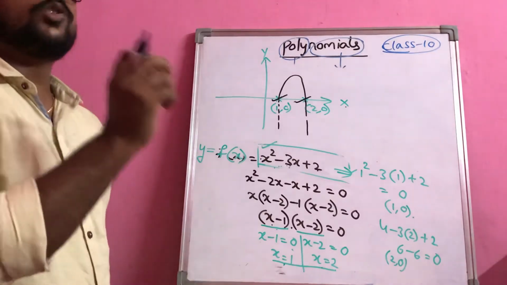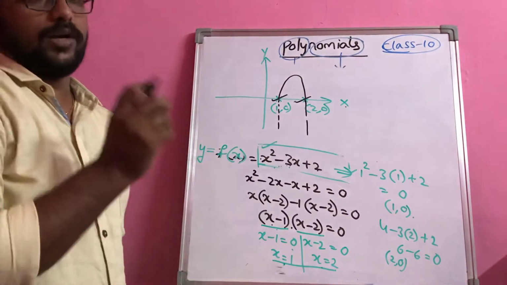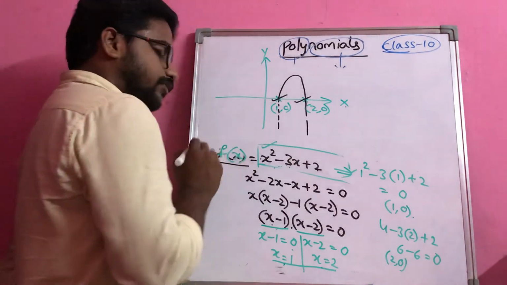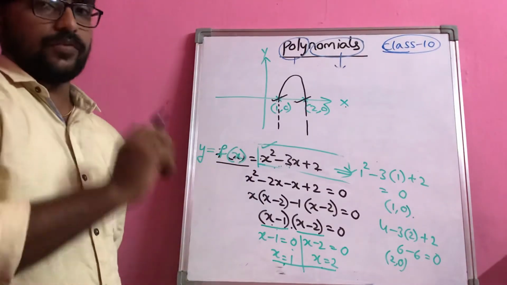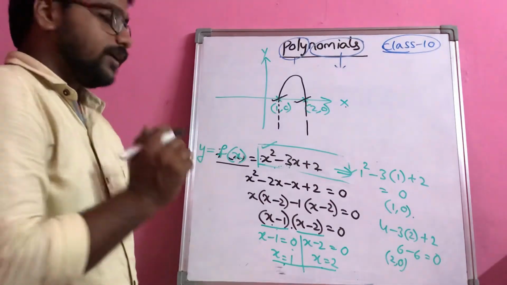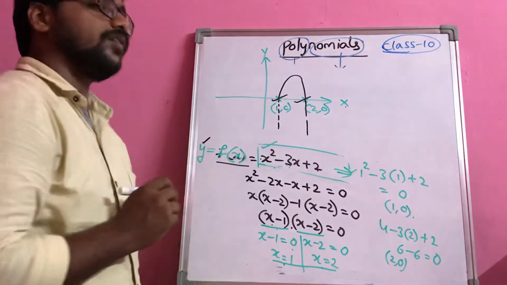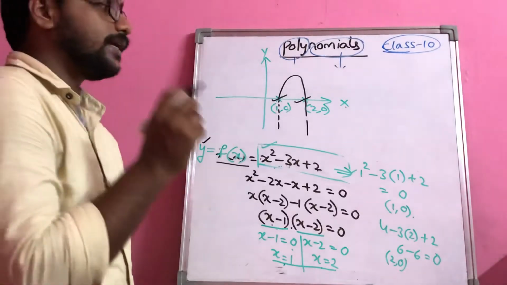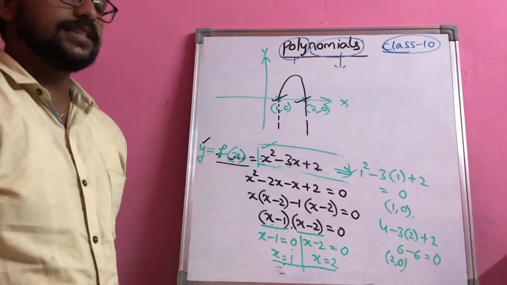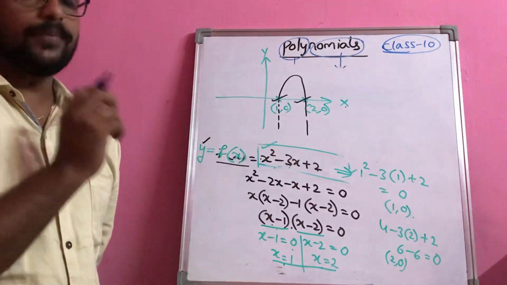This is the geometrical meaning of a polynomial. If you have any function in terms of x as a variable, the value of x such that the function results in the value of 0 is called a solution of that polynomial. This is called the geometrical meaning.